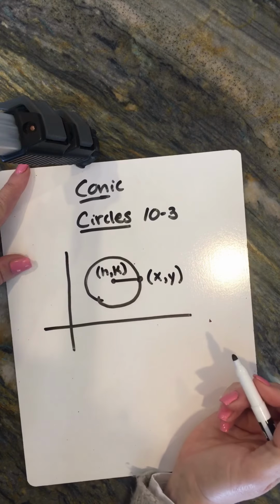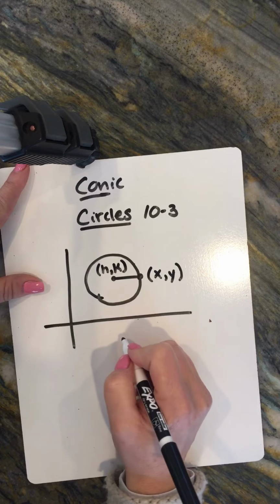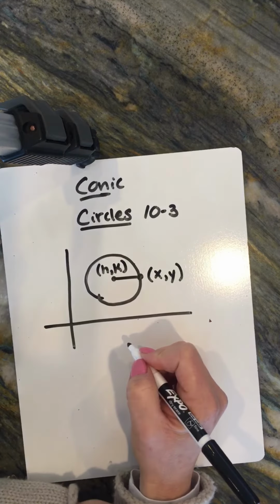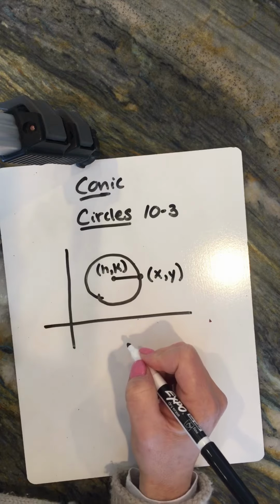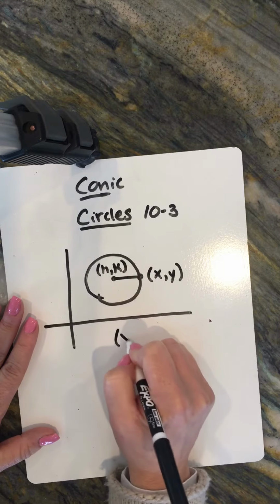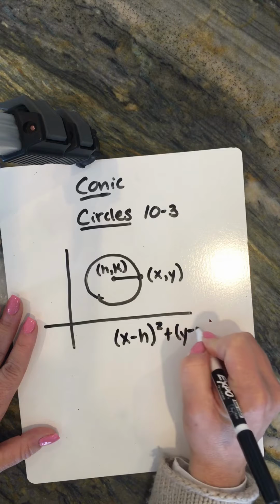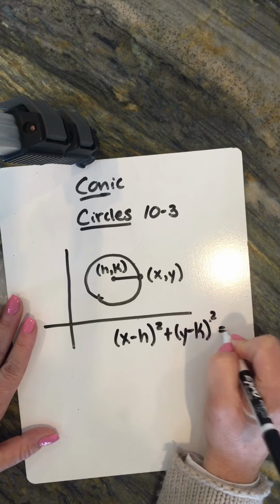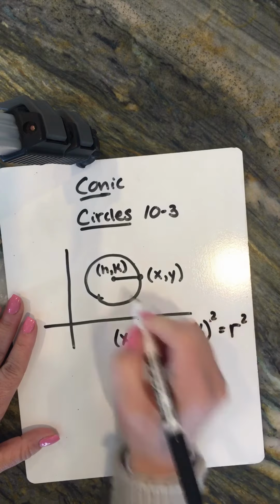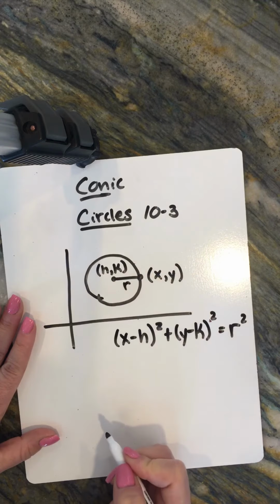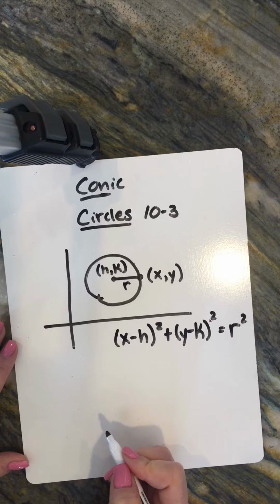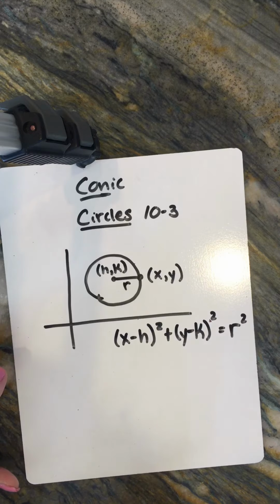So the equation of the circle, you can think of it as a Pythagorean relationship, is (x minus h) squared plus (y minus k) squared equals r squared, and r represents the radius. So that's pretty simple, I think.